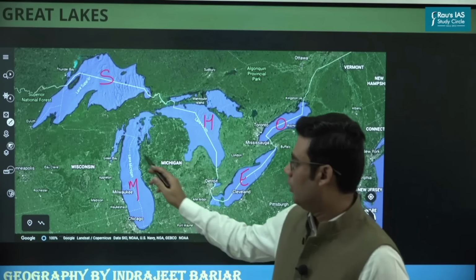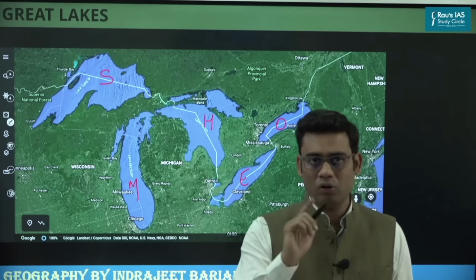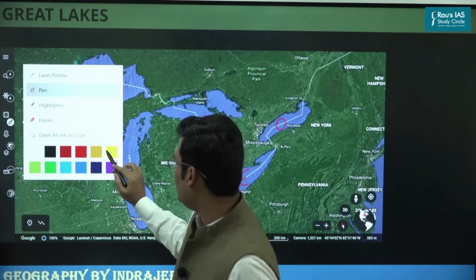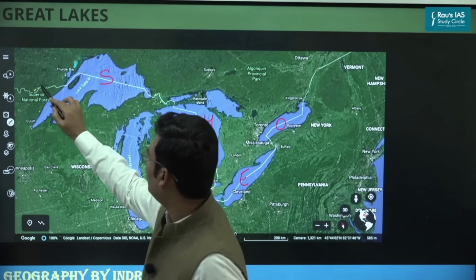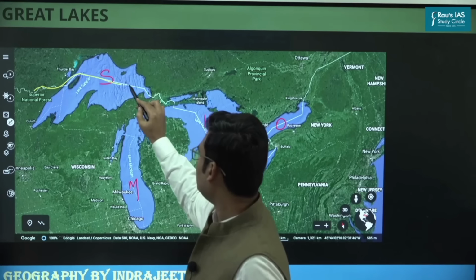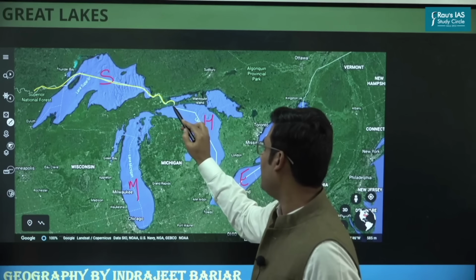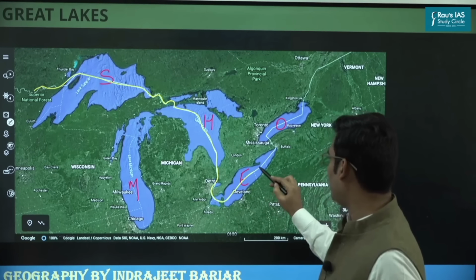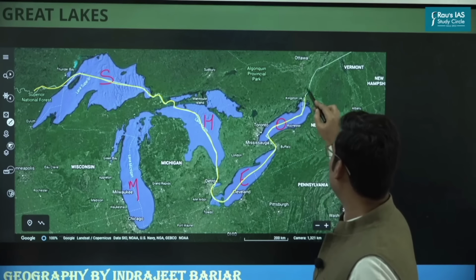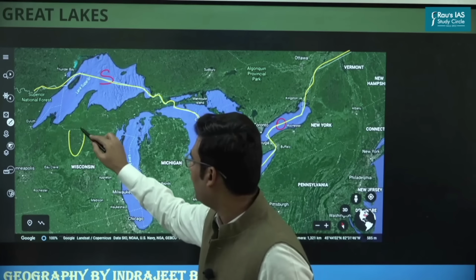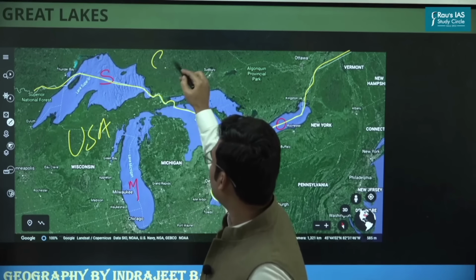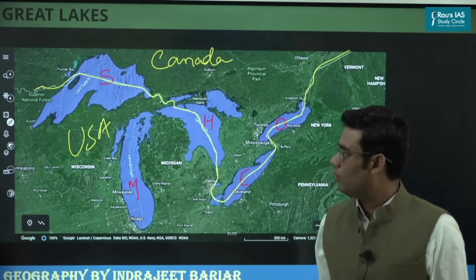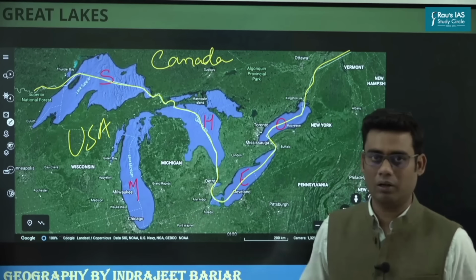Then comes Michigan. About Michigan, a very interesting idea. So if you again draw the boundaries between USA and Canada, this is the boundary that I can draw. On this side I have USA, on this side we have Canada. So observe over here, Lake Michigan.